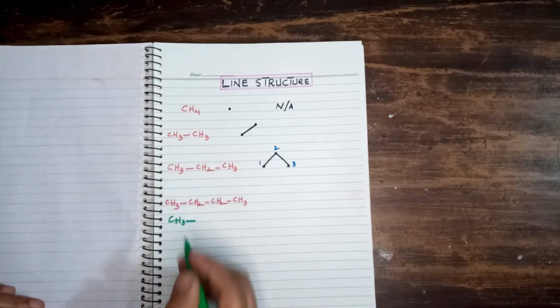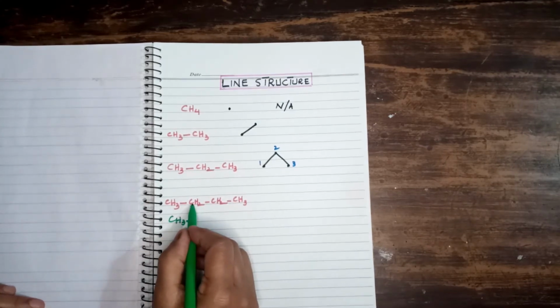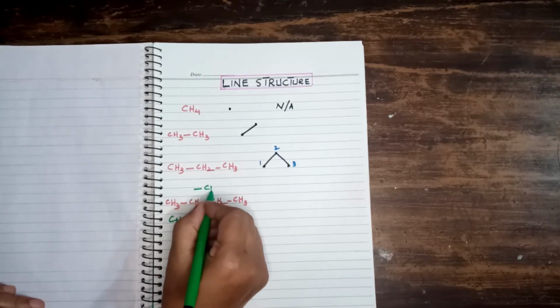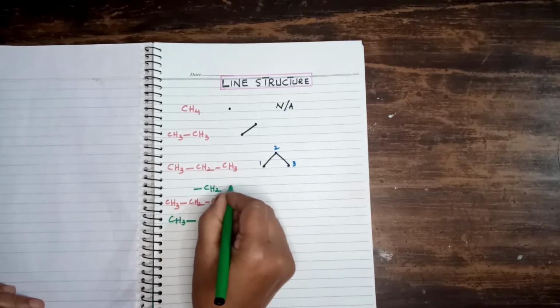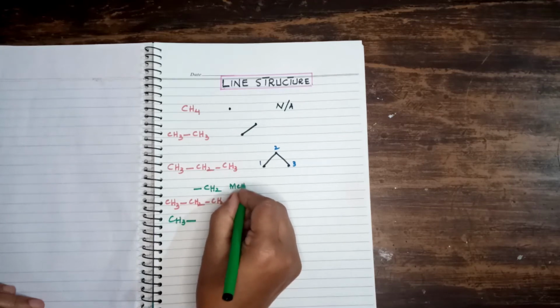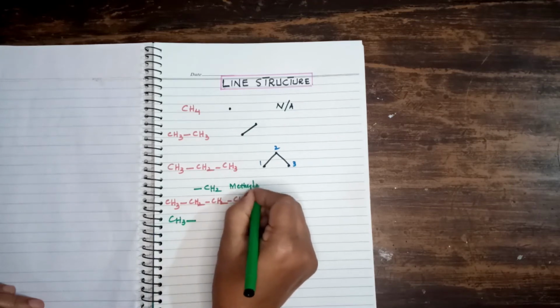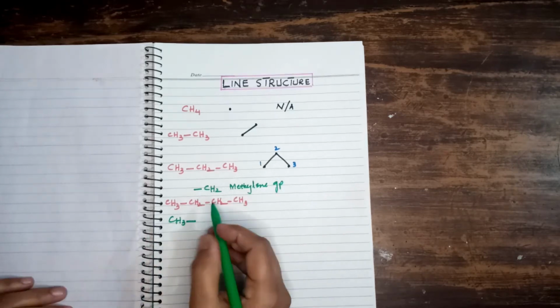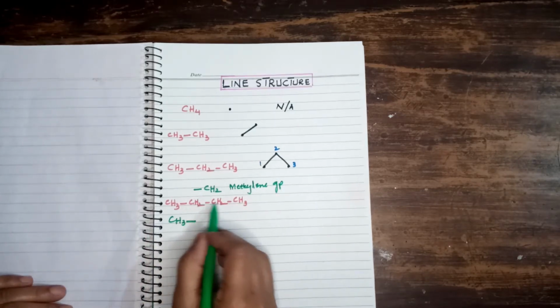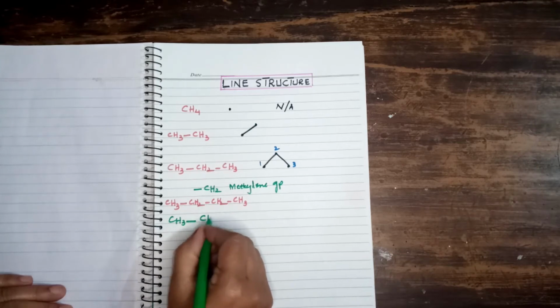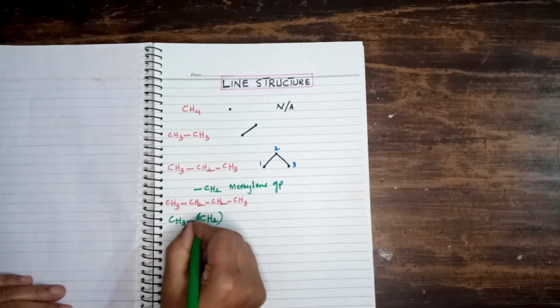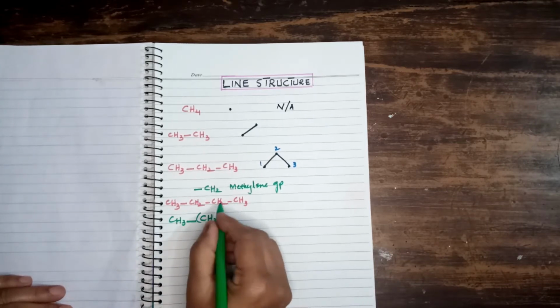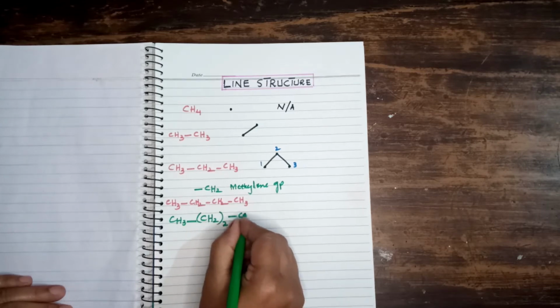A CH2 group is known as a methylene group. How many methylene groups are there? 1, 2. Since there are two methylene groups, we write 2 and then CH3.